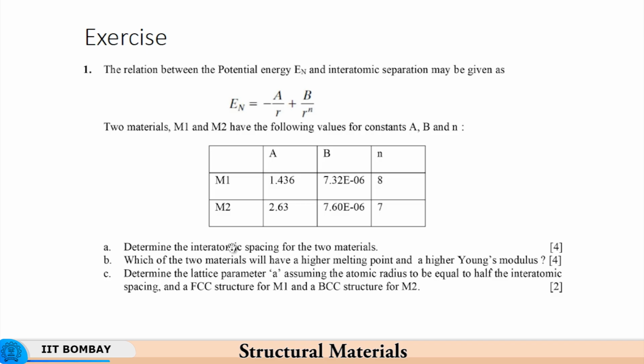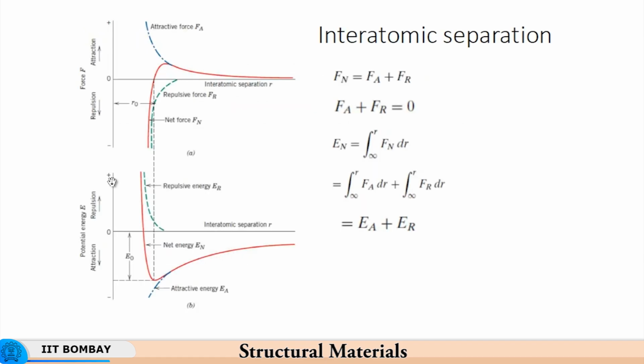We had studied that in terms of the interpotential curve, the energy versus distance of separation curve, and we had seen that the total energy is given by the energy of attraction and repulsion, and the corresponding force is the derivative of this energy curve at various points. So this is the energy curve, and the slope here is 0, and so is the force corresponding to the lowest point on the energy graph.